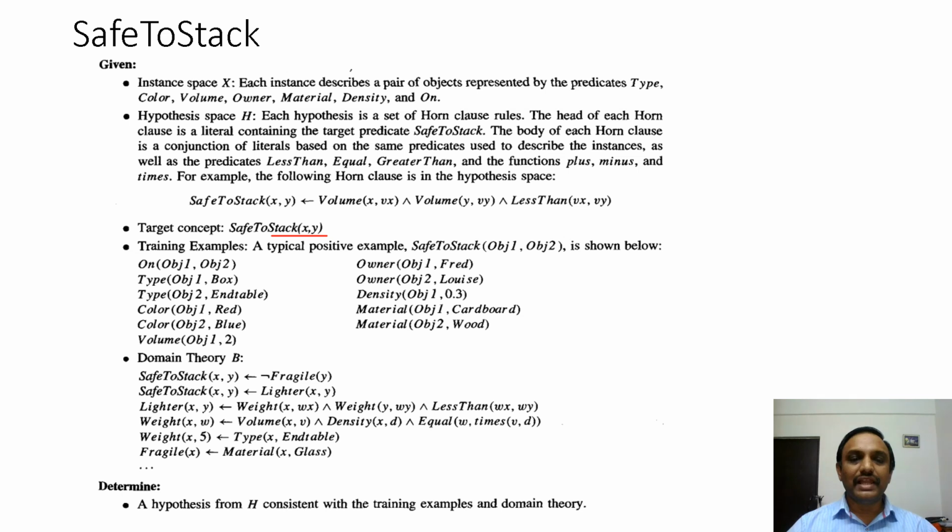This is the target concept, which we get by using conjunctions of literals based on the same predicates used to describe the instances. So Volume(x, vx), Volume(y, vy), LessThan(vx, vy). In that case x1 you can place on y1.